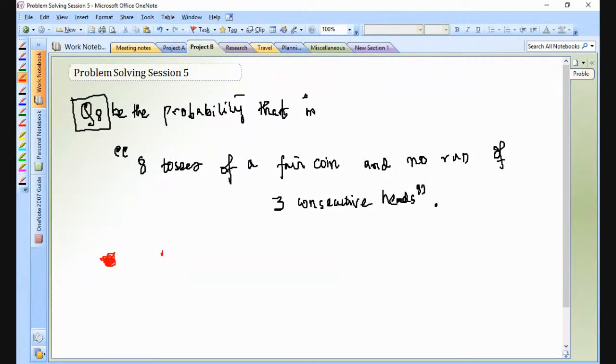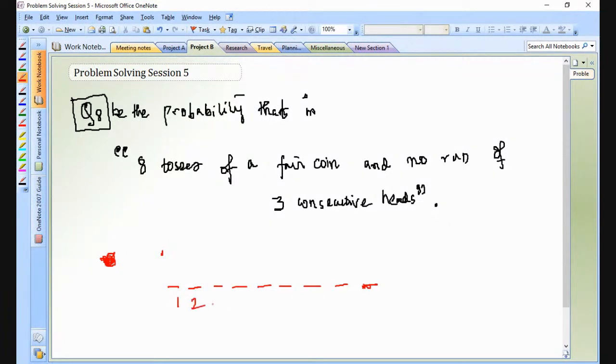For one head, there would be 8 cases, since we have 8 places to fit one head. No, wait. For one head, what is the total number of cases? 2 to the power 8.